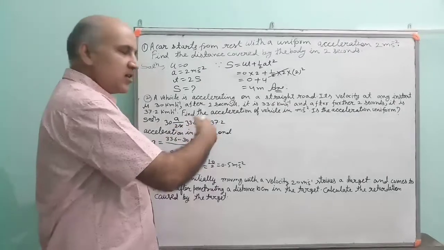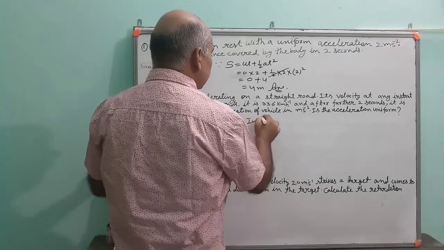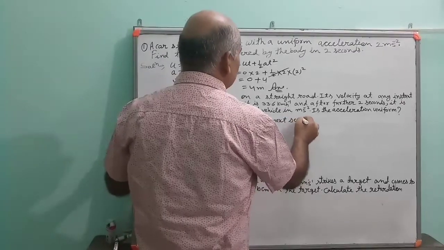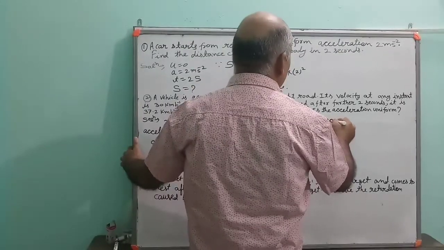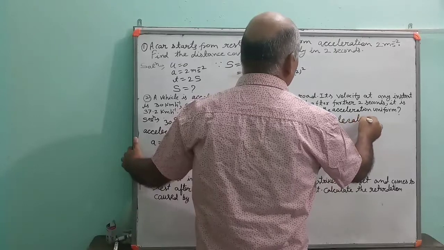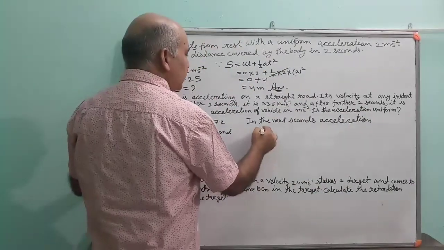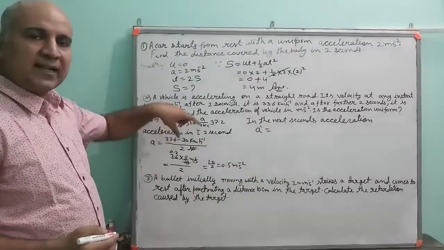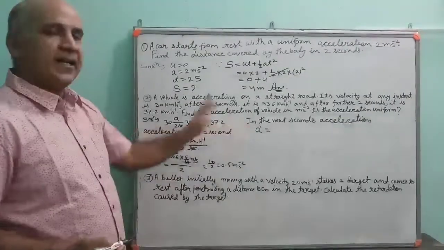Now find the acceleration in the next 2 seconds. In the next 2 seconds acceleration, suppose this is A dash, because we do not know that accelerations are equal or not, so we will use different symbols A and A dash.